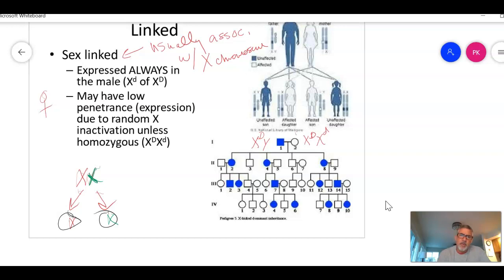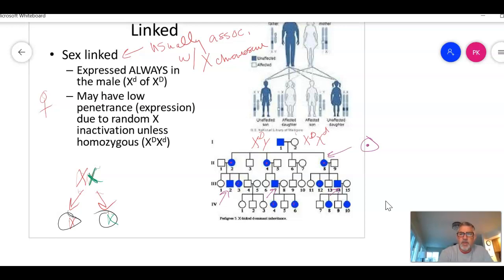I thought I switched this, but it may not have saved. But generally speaking, we wouldn't see this. These generally would be carriers and not all the way dark. So generally speaking, these ones right here should be listed like that. They should be unaffected due to random X activation, and the affected should be the male offspring, and all the females should be carriers.